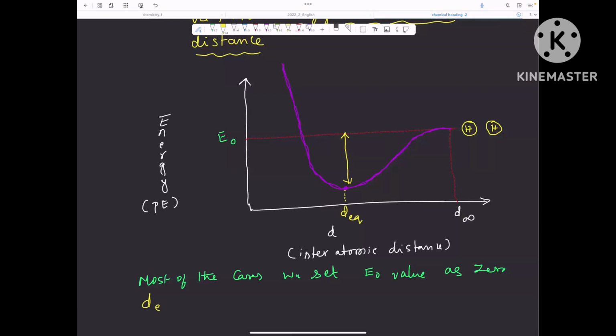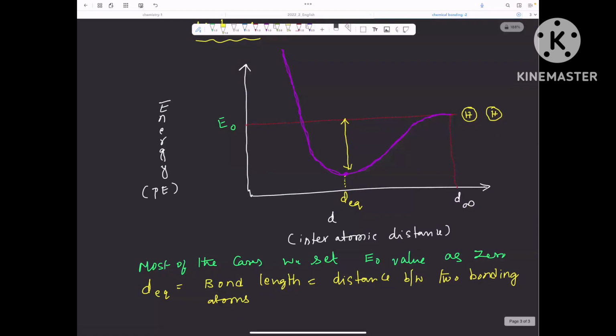D equilibrium is called bond length, which is the distance between two bonding atoms. Therefore, D equilibrium is a stable state where the hydrogen molecule exists.